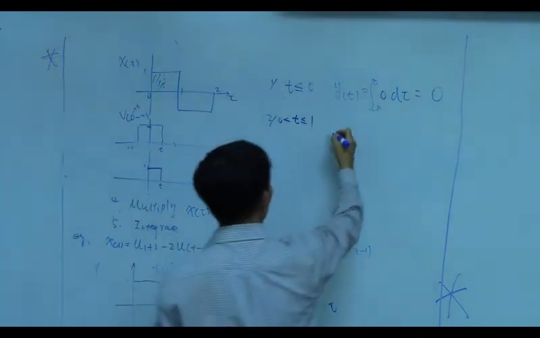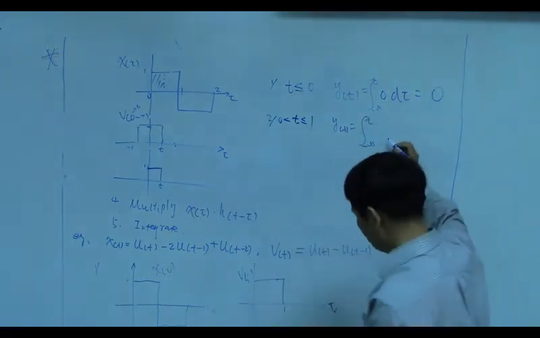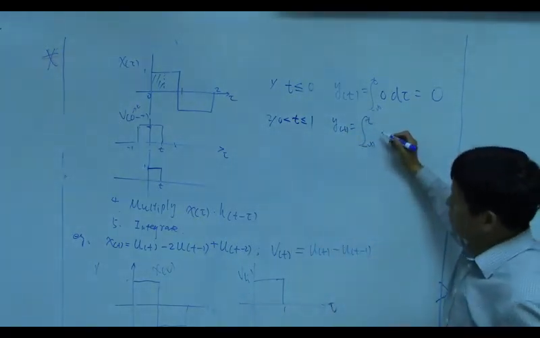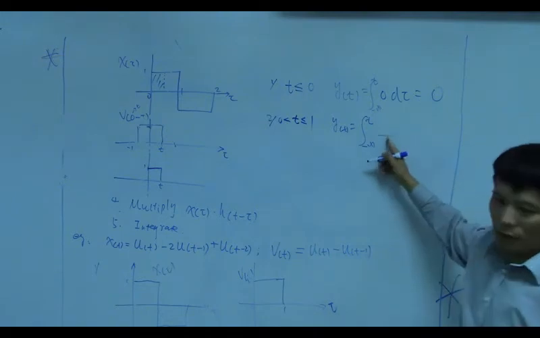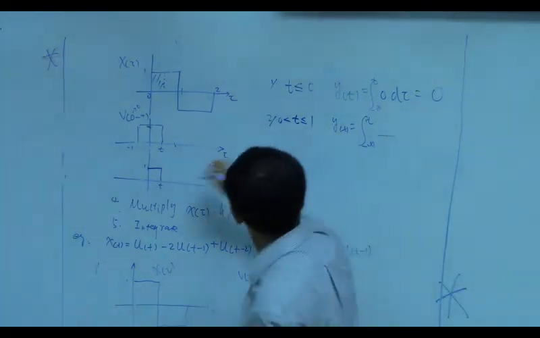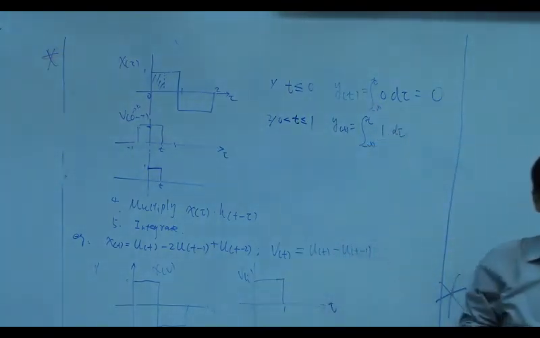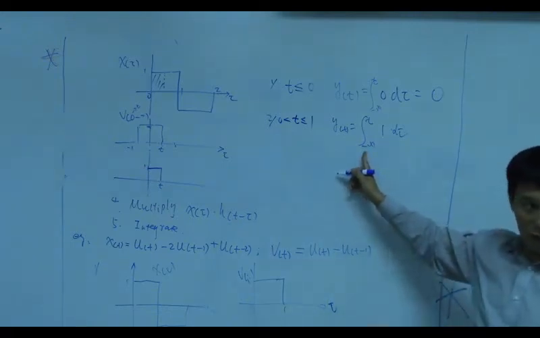So y(t) will be equal to the integral from negative infinity to t. What is the value of the product here? The product equals 1, right? So it is 1 d tau. From negative infinity, we don't need to care, right?